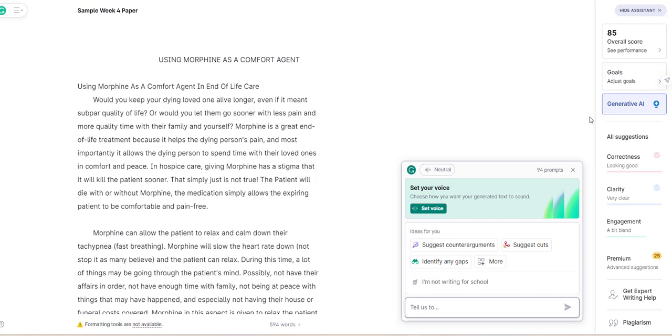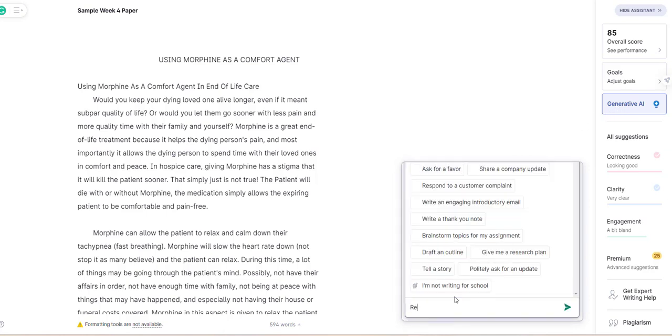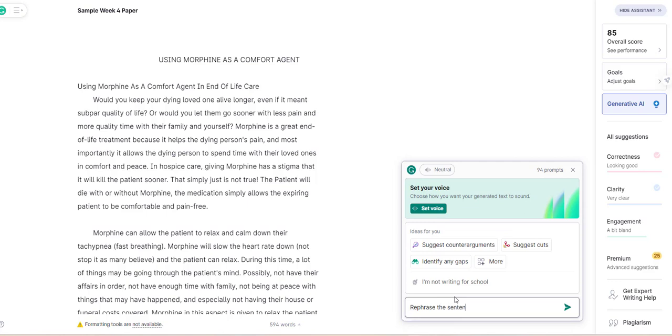And so here I would say, rephrase the sentence to omit "you" and "your" in the sentence.